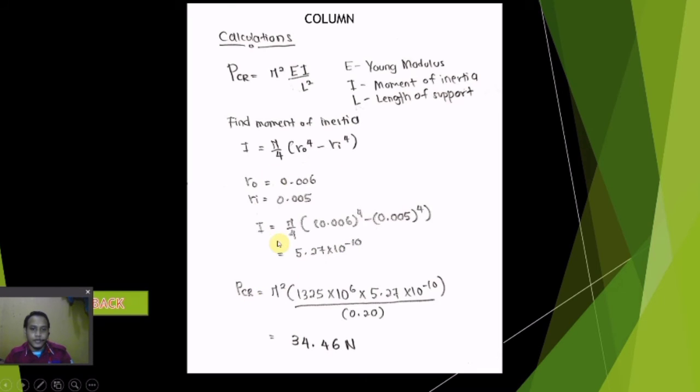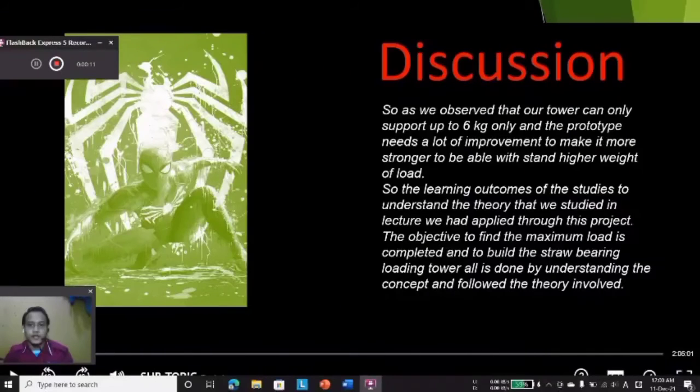So we substitute the moment of inertia, the Young modulus, and the length of the support. We get the critical load equal to 34.46 newtons.